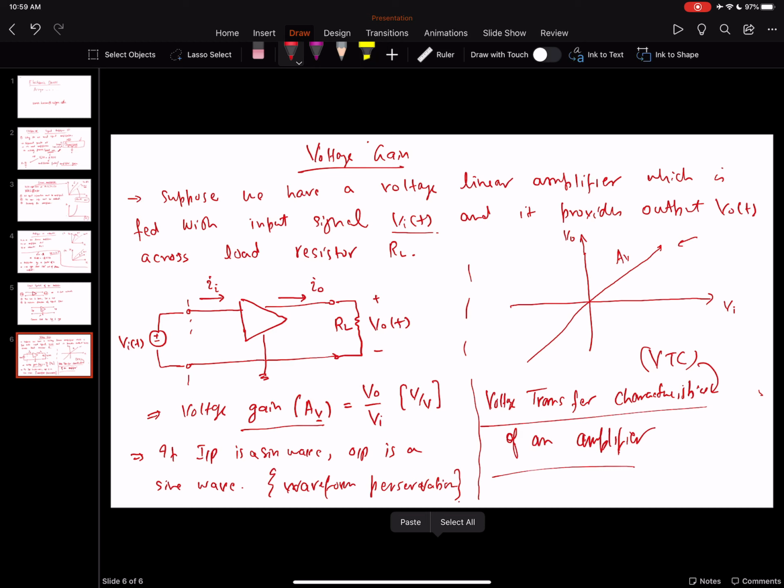I have mistakenly drawn it with A almost equal to 1; ideally, it should be even higher, something like that. You can draw multiple lines here to have different amplification factors.